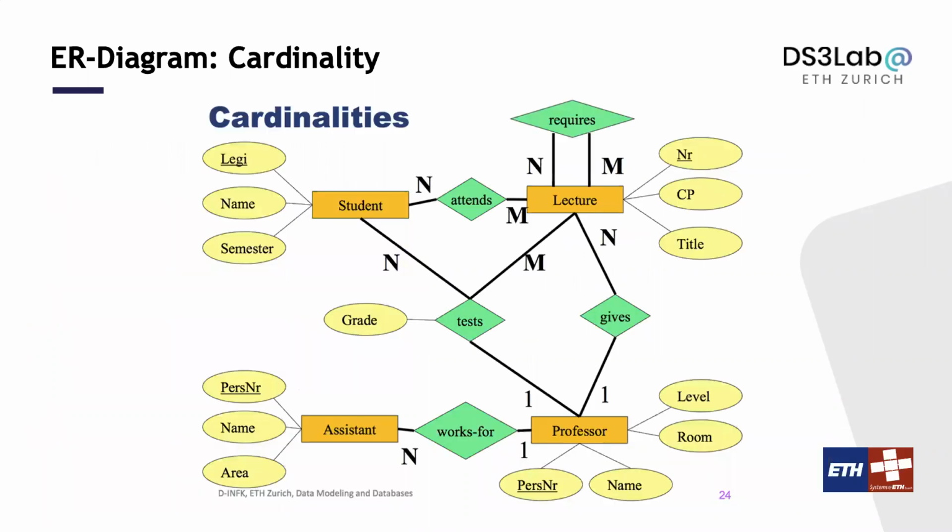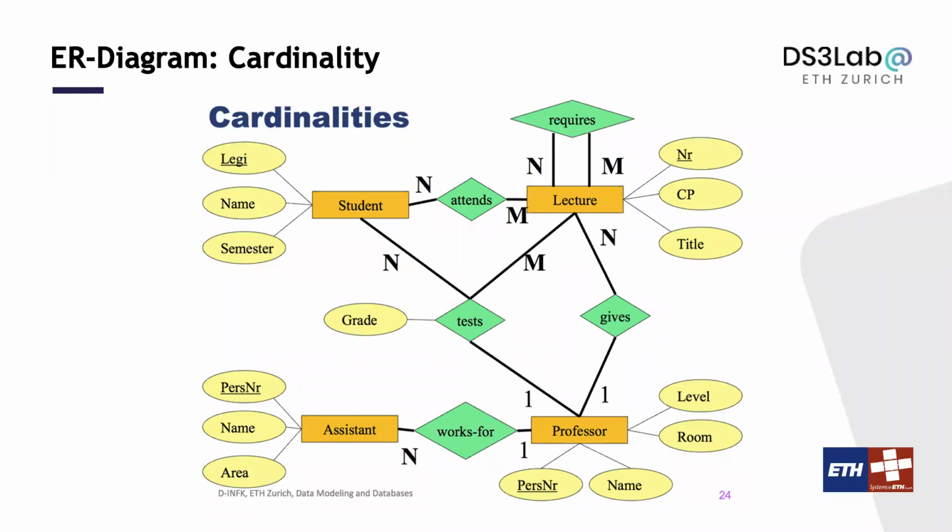Okay, and we can try to read this diagram together, right? If you look at all those cardinality constraints, you have n here and 1 here, right? This essentially means that if I know the value of lecture, I should be able to decide the value of professor, which means that 1 lecture can only be taught by 1 professor.